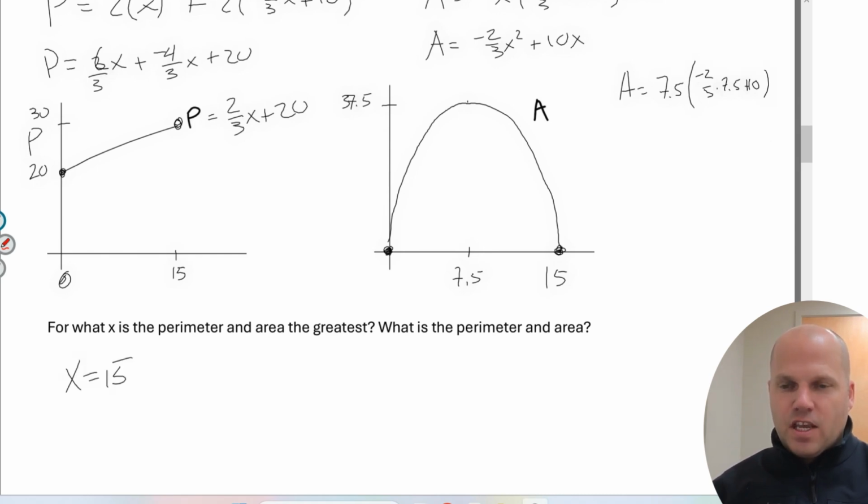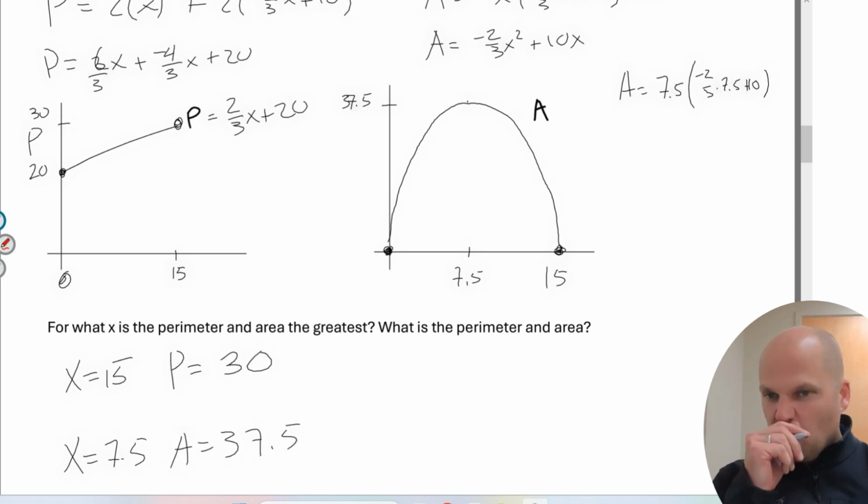Technically, when x is 15, the perimeter is the greatest. When x is 7.5, the area is the greatest. Cool.